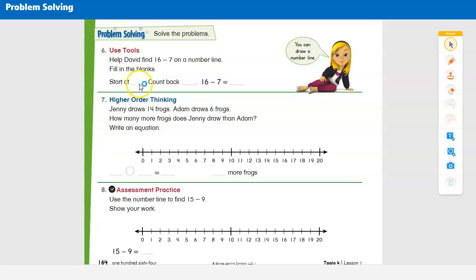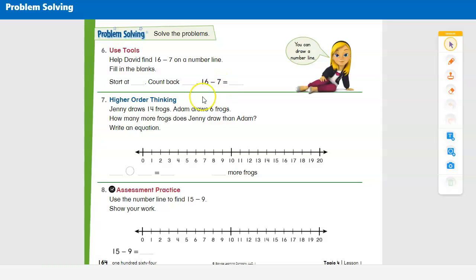Write that number in the blank. Then how many numbers would you count back? 16 or 7? And then it wants you to solve 16 minus 7.